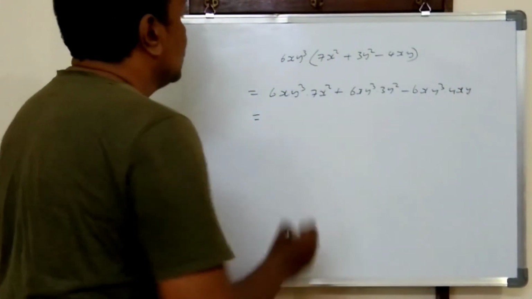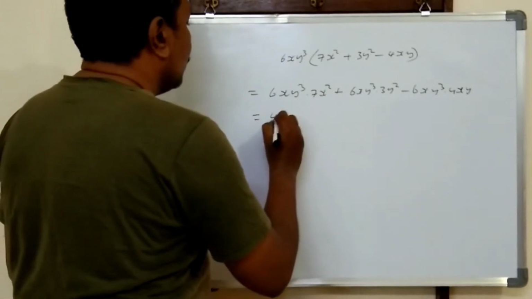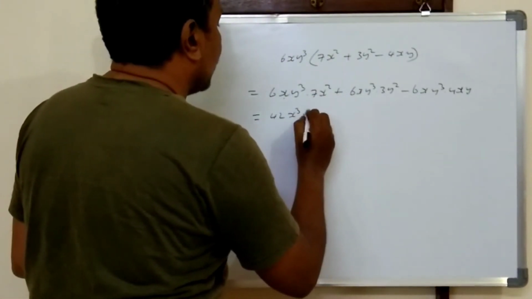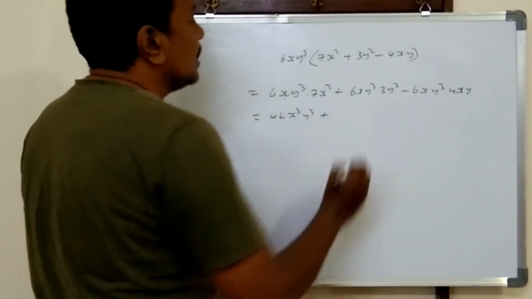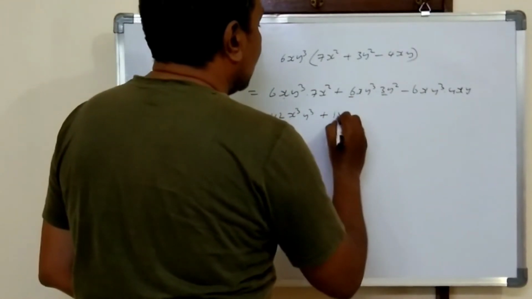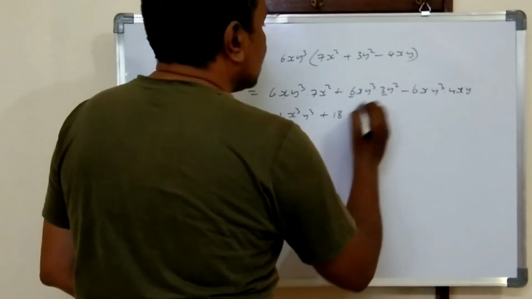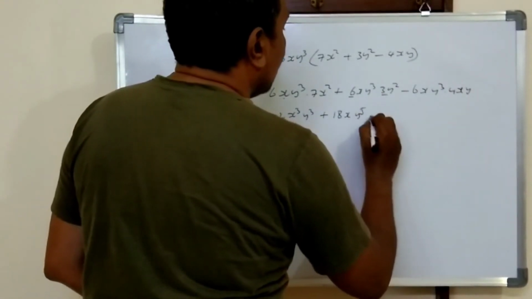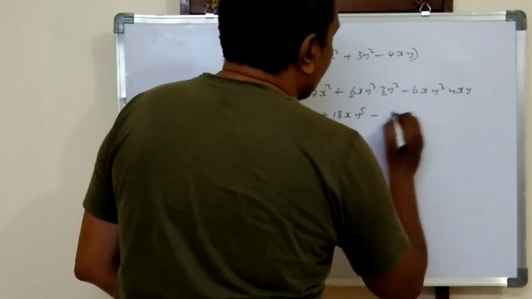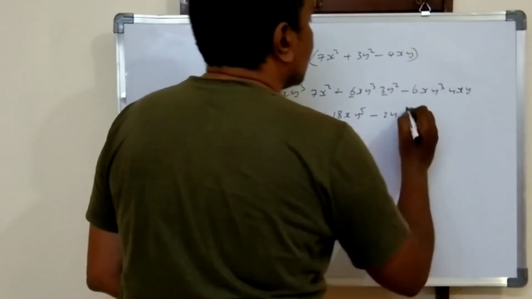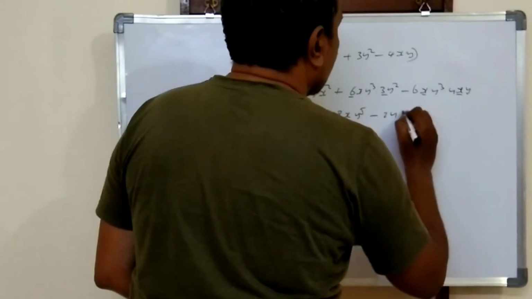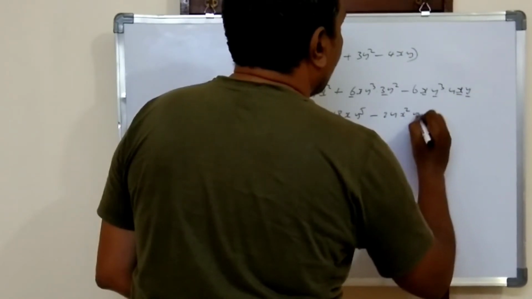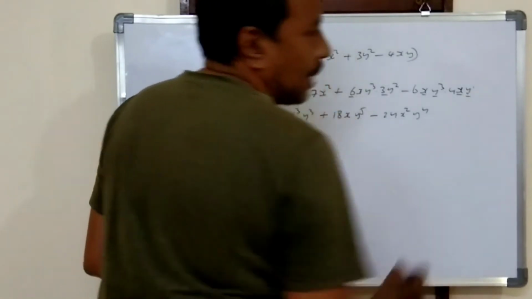6 sevens are 42, x into x square, x cube y cube, plus 6 threes are 18, x y cube into y square, y power 5, minus 6 fours are 24, x into x square, y cube into y power 4, with y meaning y power 1.